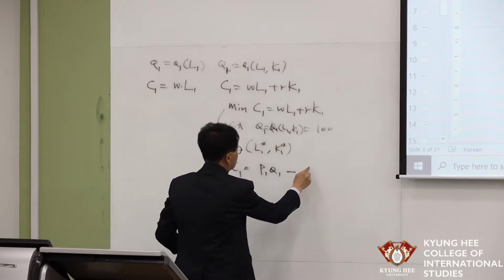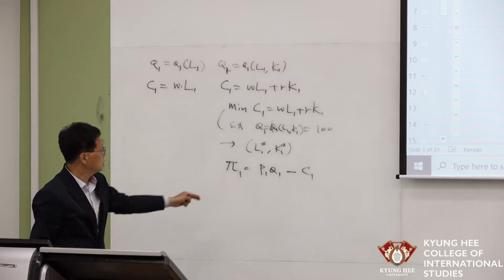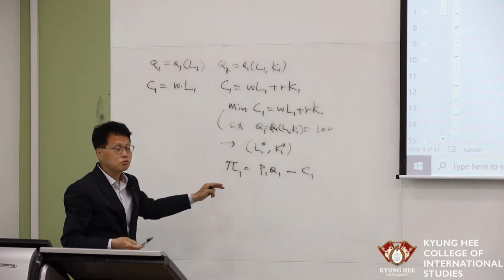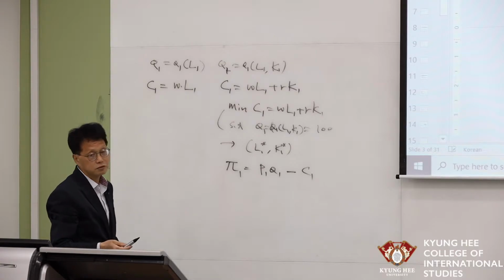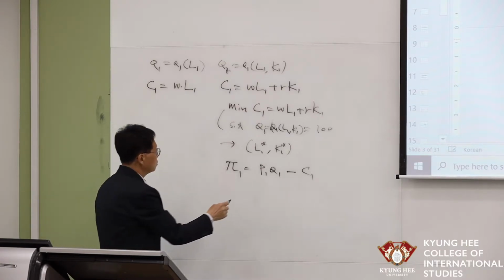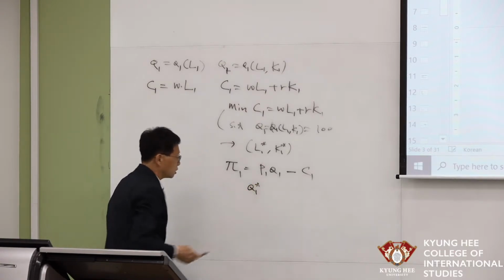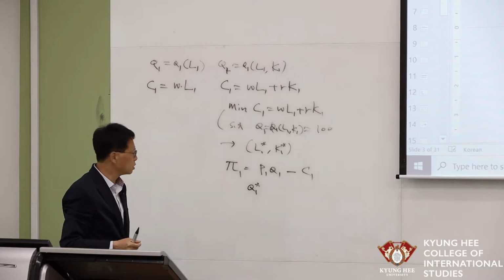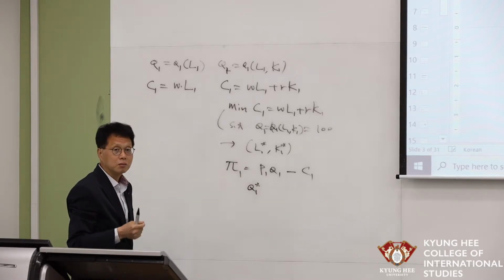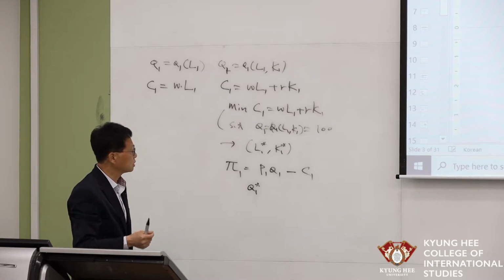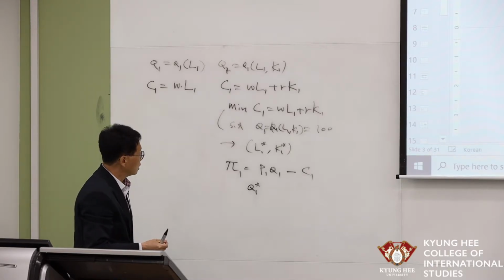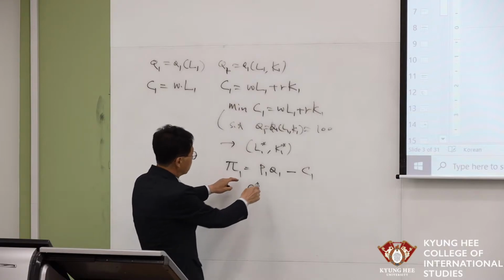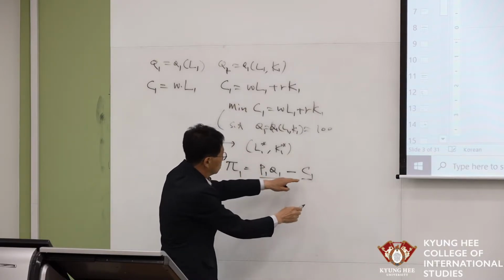That is profit maximization. And we already know that at the introductory level, you find Q star, the profit maximizing quantity of production, maximizing the firm's profit. Okay? In this profit function, there are total revenue and total cost.